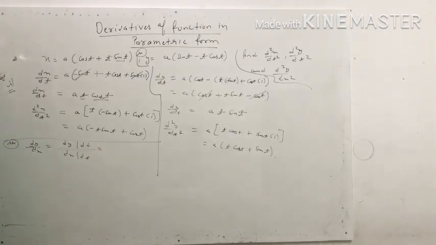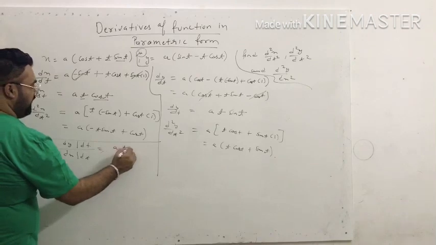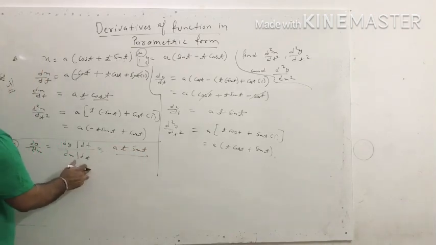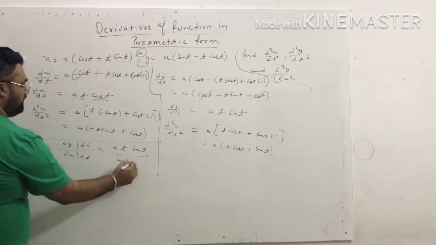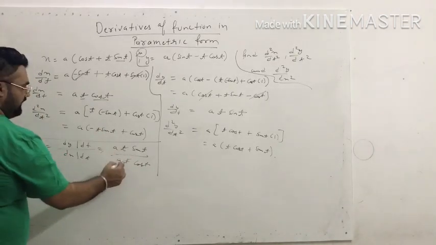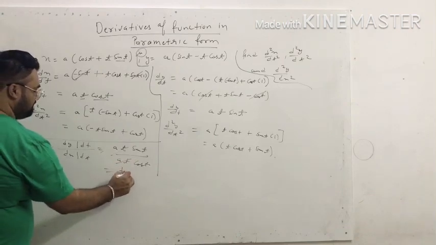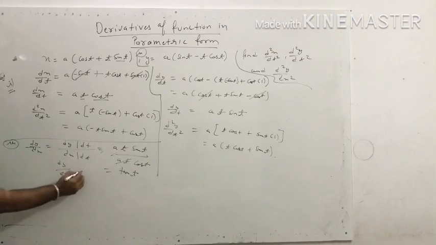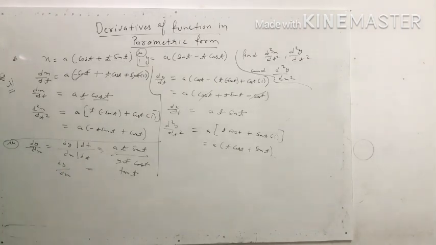What is dy/dt? dy/dt is a t sin t, and dx/dt is a t cos t. Now a t cancels, and this becomes tan t. So dy/dx equals tan t.